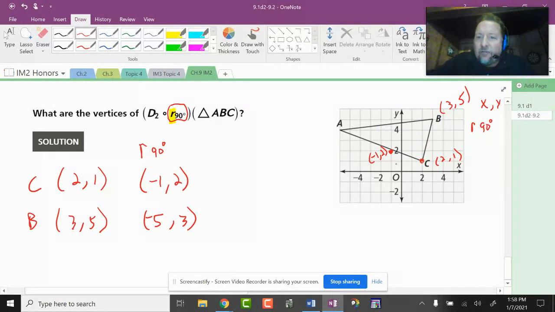Let's look at that graphically and make sure: (-5, 3). If I were to draw those as a segment back to the origin, then back to B, oh, that's a bad mark. Doesn't that look like a 90-degree angle? Doesn't that look like this has been rotated 90 degrees about the origin? So the answer is yes, this is how it happens.